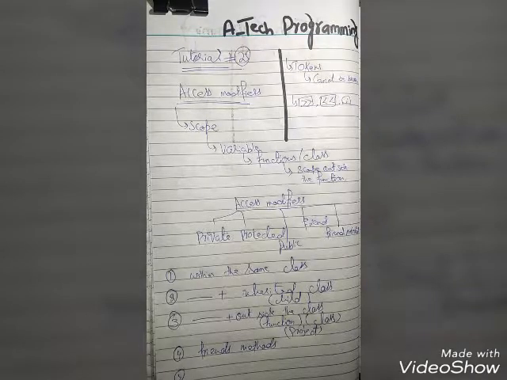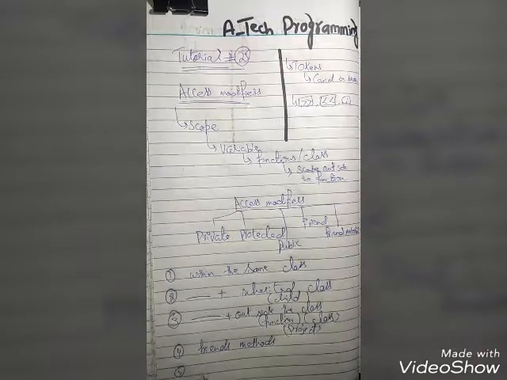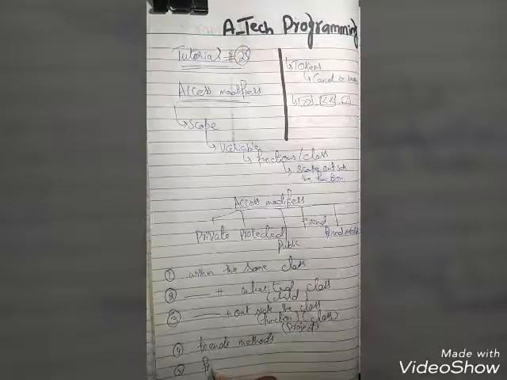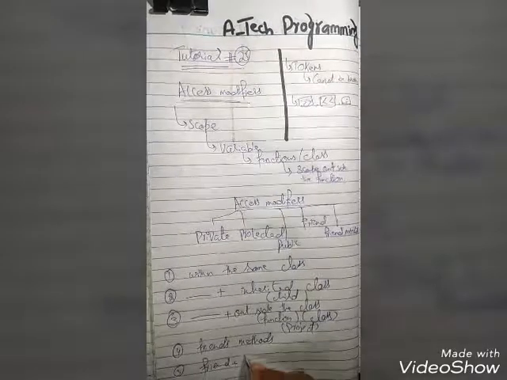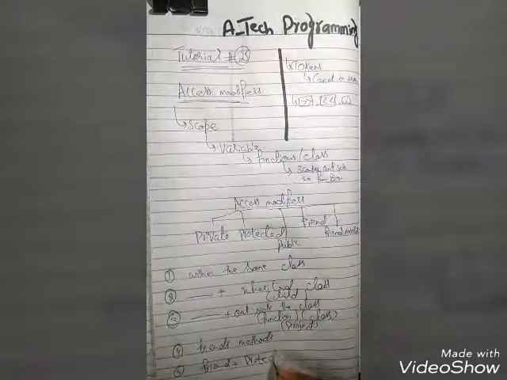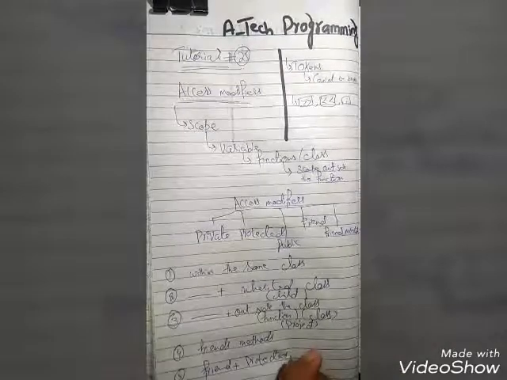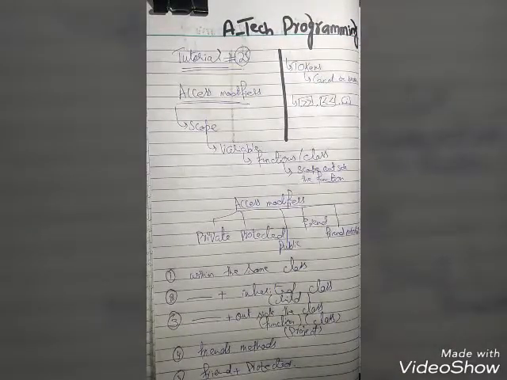If it is friended with some class, then it will be accessible there. And the last one is protected friend. The combination of friend plus protected is simply known as protected friend.